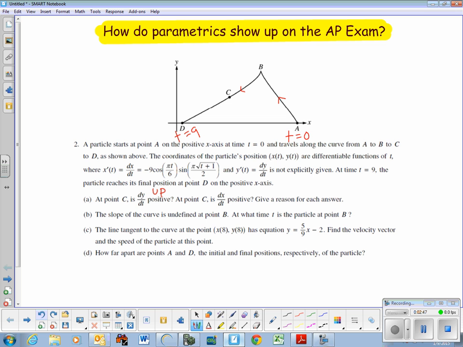So is the particle moving up and to the right at point C? Well, no, look at the picture. It's moving down and to the left at point C. So our answer for A is no for both. Okay, it's not moving up and right, it's moving down and left.